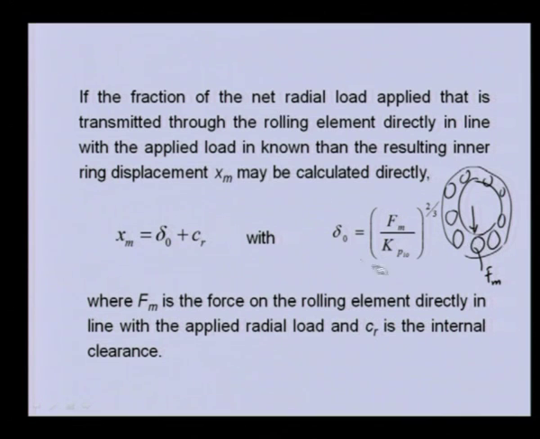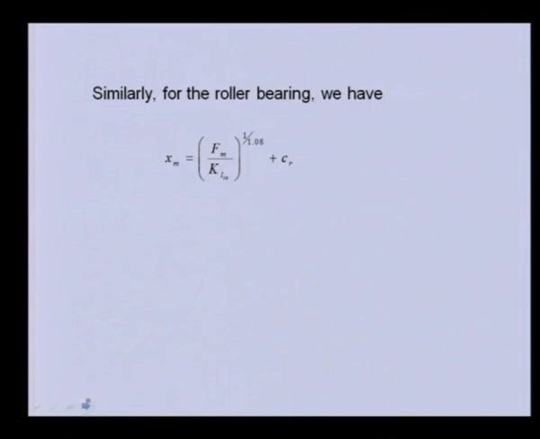We can get this using the Hertzian relation, in which the exponent will be 2 by 3, and in this case C is the radial clearance of the bearing. Similarly, for roller bearing, we have a relationship for the deformation of the maximum loaded roller, in which the exponent will change, and this is the radial clearance of that roller bearing.